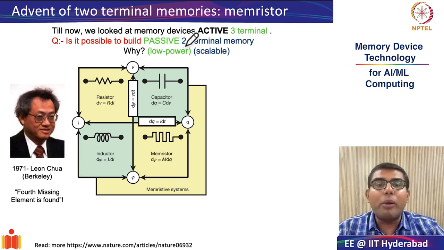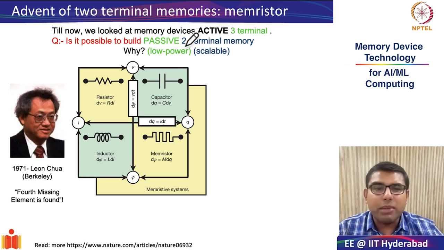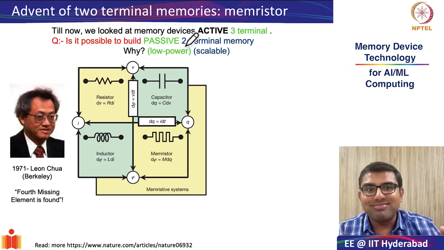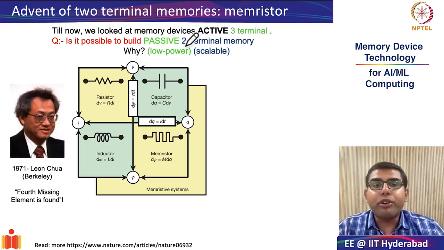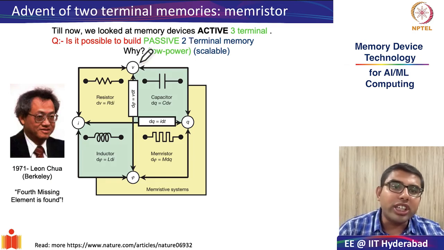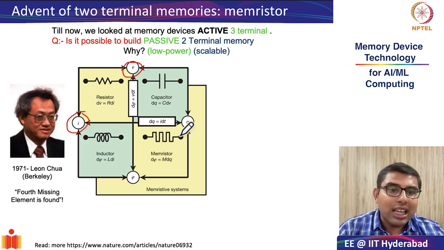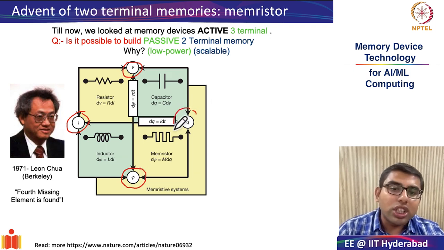So how did he go about doing this? The actual details are a little bit more mathematically rigorous, but for our purpose, let's look at it in a simpler fashion. Any electromagnetic circuit will have four main parameters. One is your voltage, the electrostatic potential, the next is your current, the third is your flux, the magnetic flux, and your fourth is your charge.